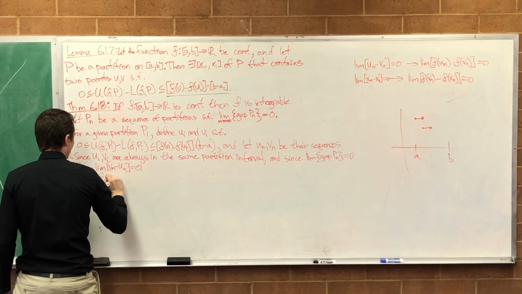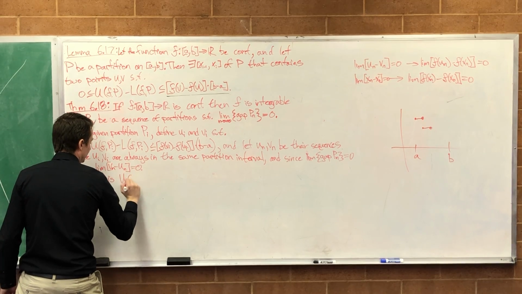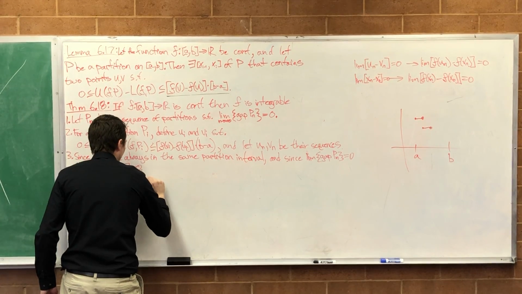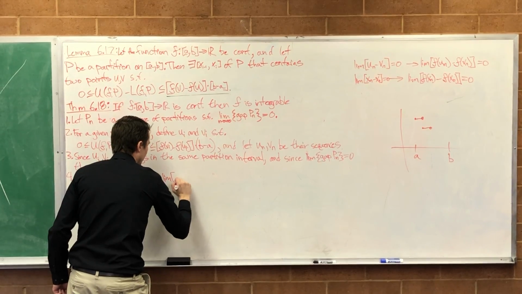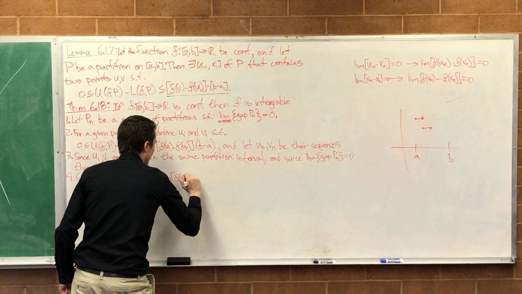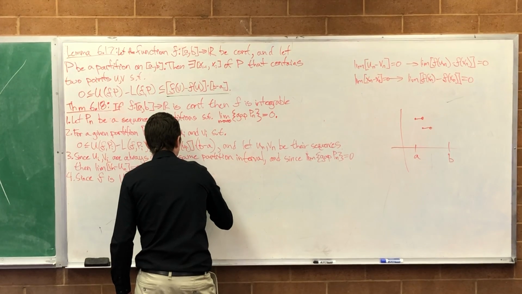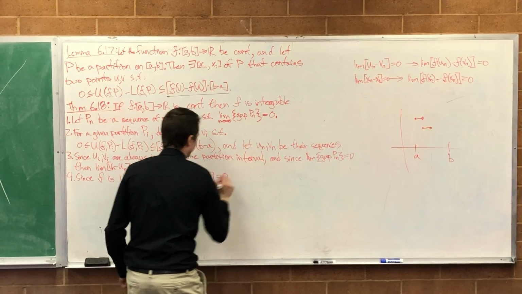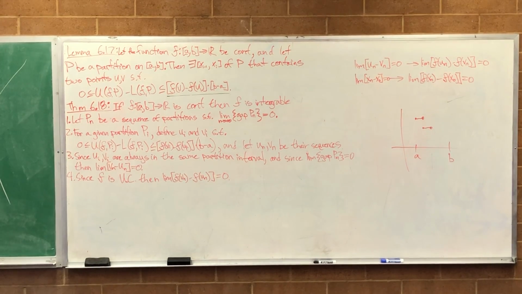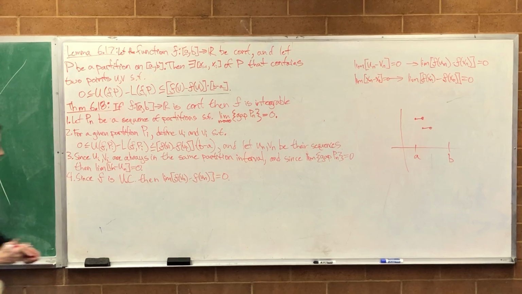Since f is uniformly continuous, then we know that the limit, as n goes to infinity, of f of v sub n minus f of u sub n is equal to 0. That's from the definition of uniformly continuous.